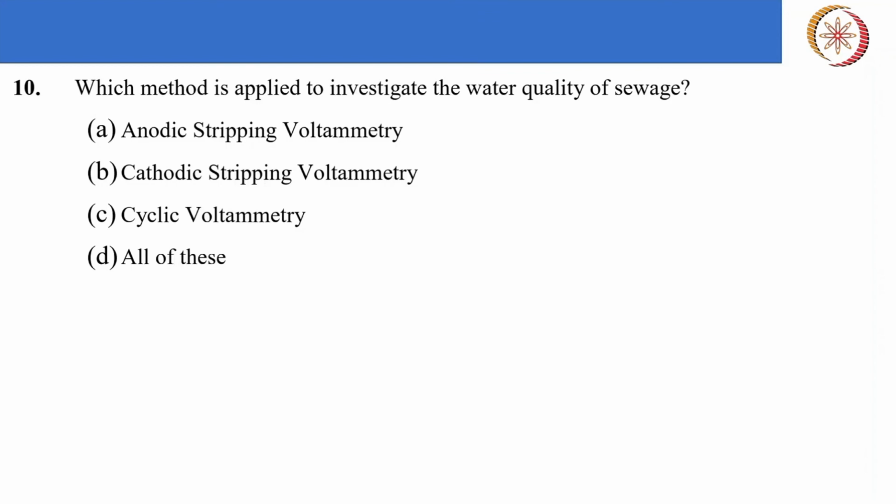So for seawater, in water quality we usually measure some cations, basically lead 2 plus, calcium 2 plus, or thallium 1 plus. As these are cations, people use anodic stripping voltammetry.